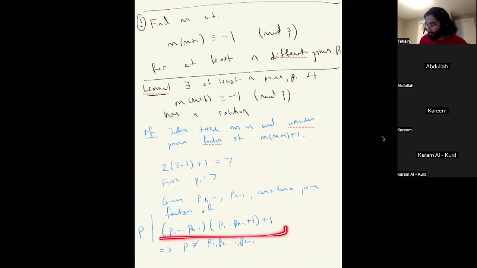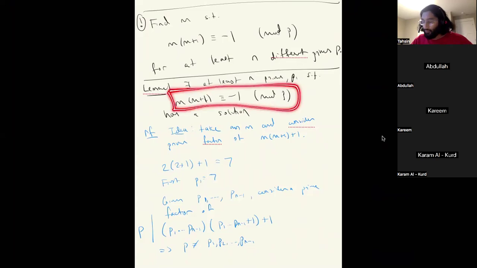Because P cannot divide P1 or P2 or all the way to Pn minus 1. So P is now a new prime, right? So does that make sense? The point is, there are infinitely many primes you can construct in this way, where this congruence has a solution.